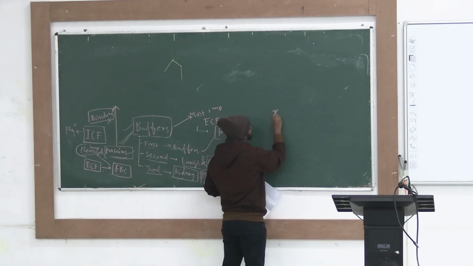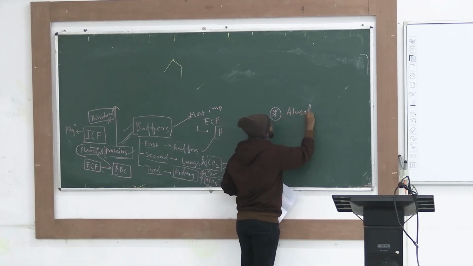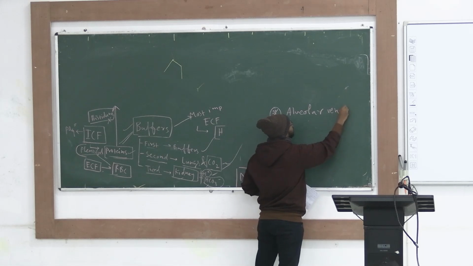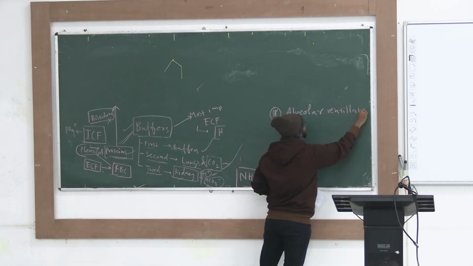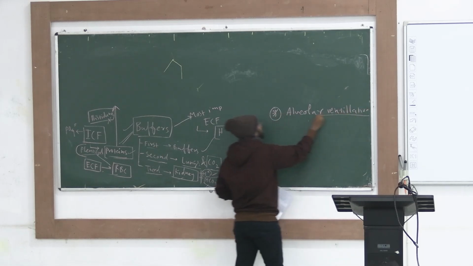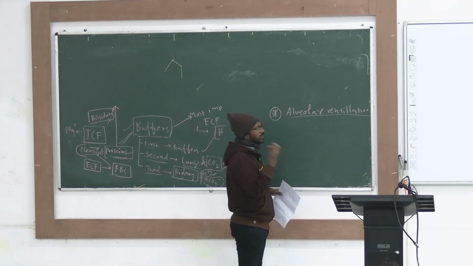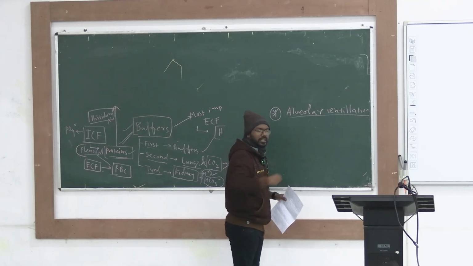You have to understand that in the lungs, alveolar ventilation is inversely proportional to the PCO2 level. You can understand this: the more ventilation, the more CO2 will come out, and the less ventilation, the more CO2 will remain inside, right?